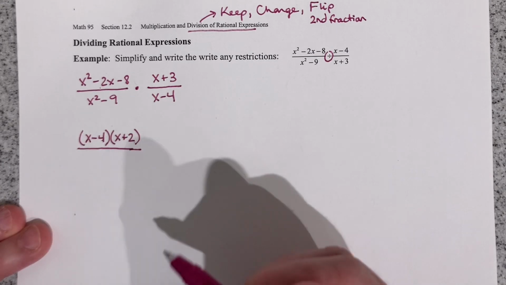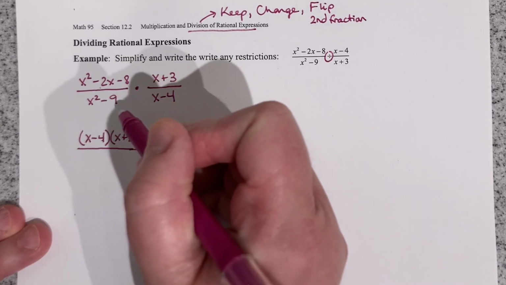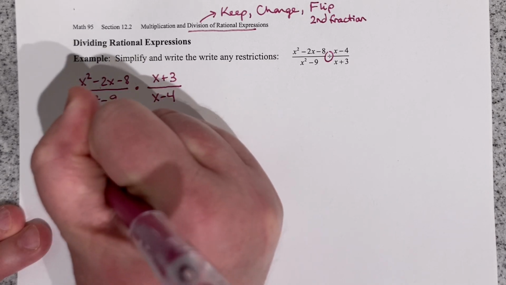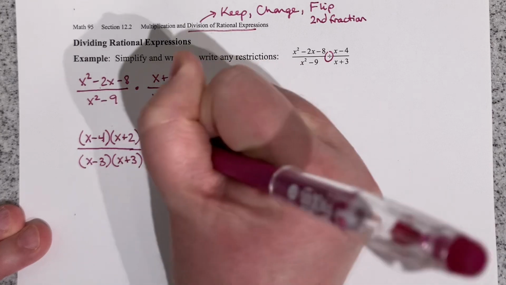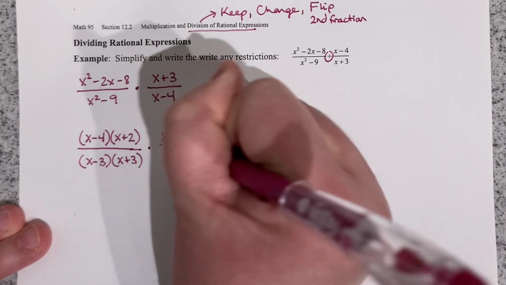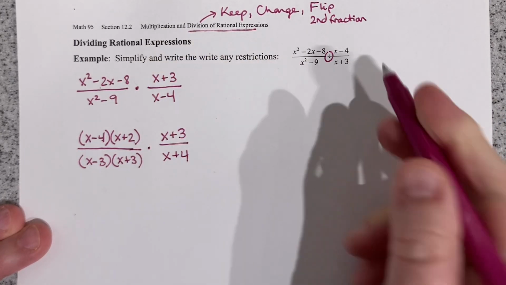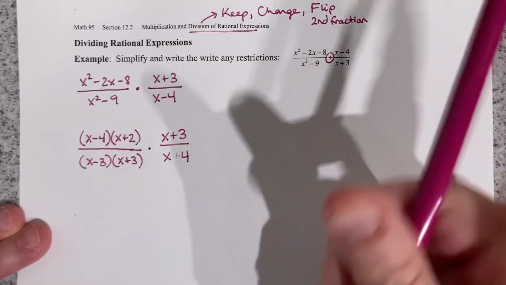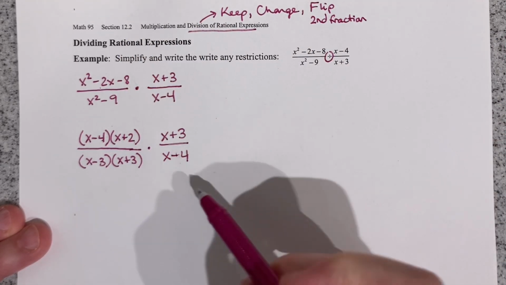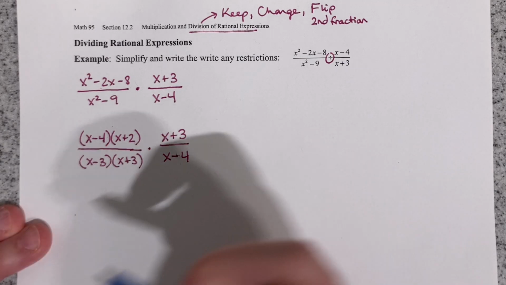Right, and FOIL's a good way to check that. The bottom is a difference of two squares. So just x minus 3 times x plus 3. And now the second fraction, I just leave it in its flipped form. Oh, except write it correctly. That would help. Especially because we want that x minus 4 to cancel.